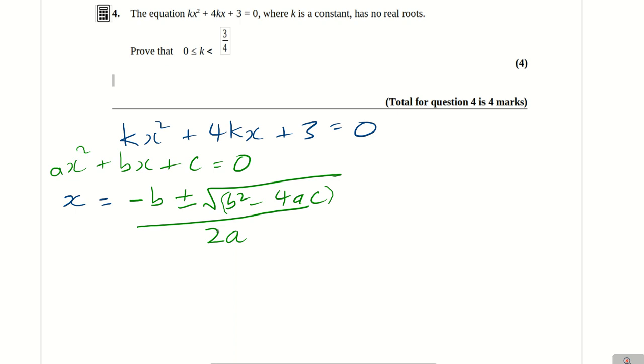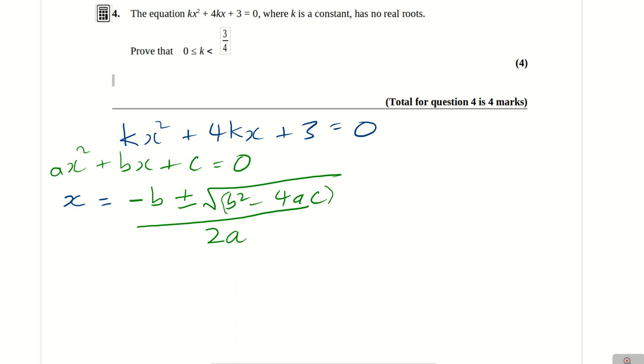Now, roots which are not real we call imaginary or complex roots, and they will involve the square roots of negative numbers. But if there's no real roots, that means b squared minus 4ac must be less than 0.